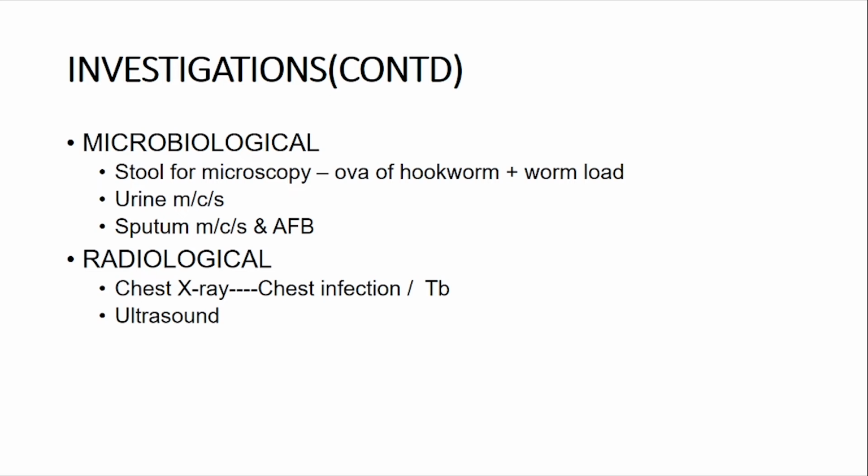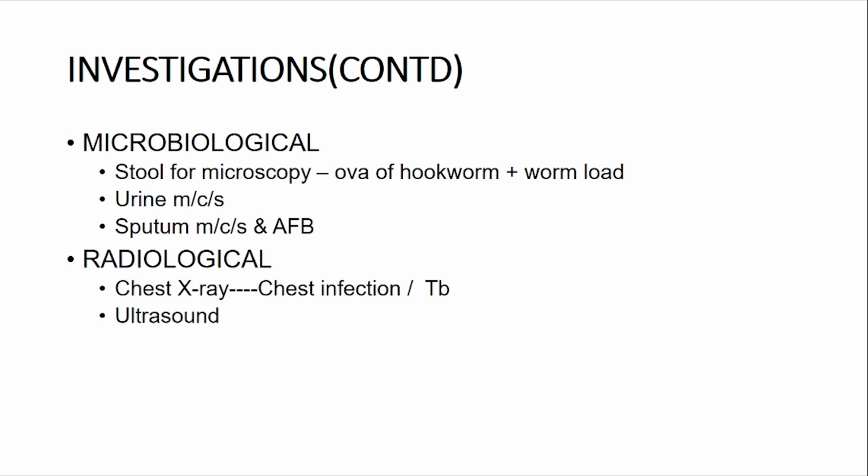Stool for microscopy is important in patients with hookworm infestation, in which one will look for ova of hookworm and worm load. Urine for microscopy, culture and sensitivity. Sputum for microscopy, culture and sensitivity, and acid-fast bacilli for patients that have Mycobacterium tuberculosis.